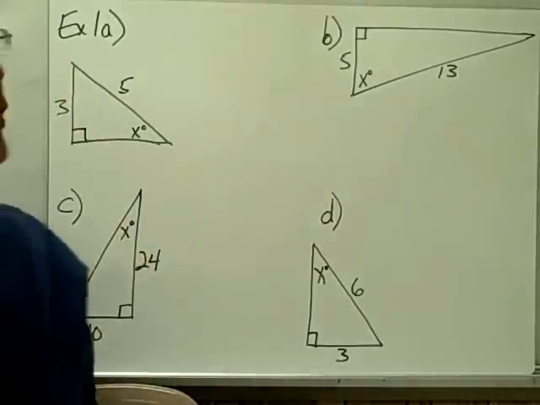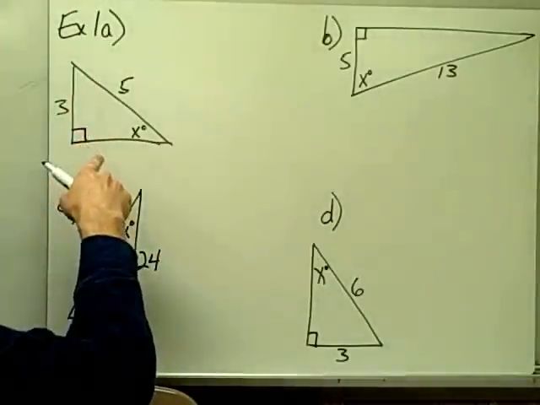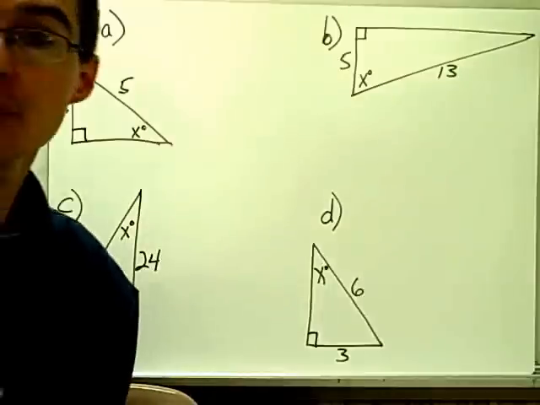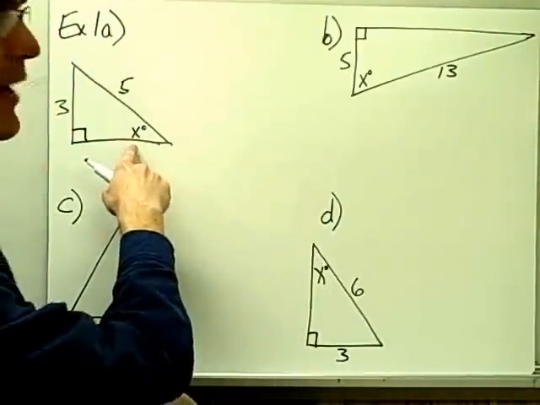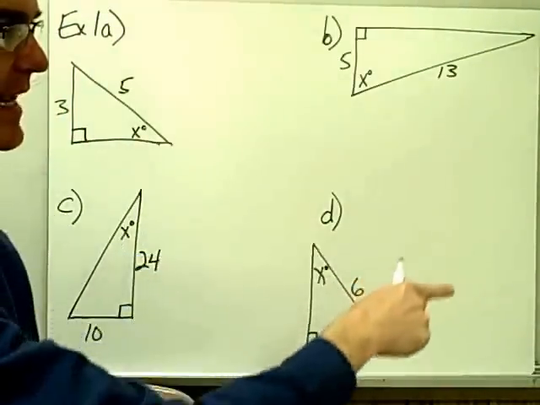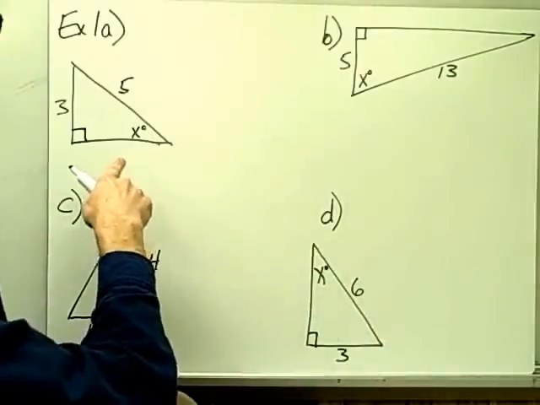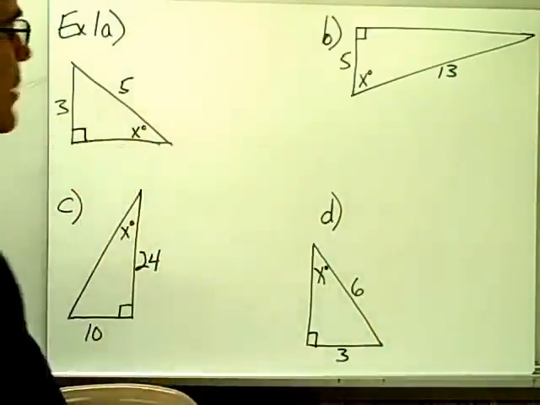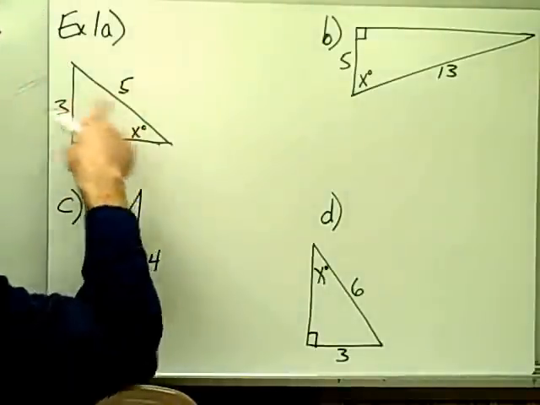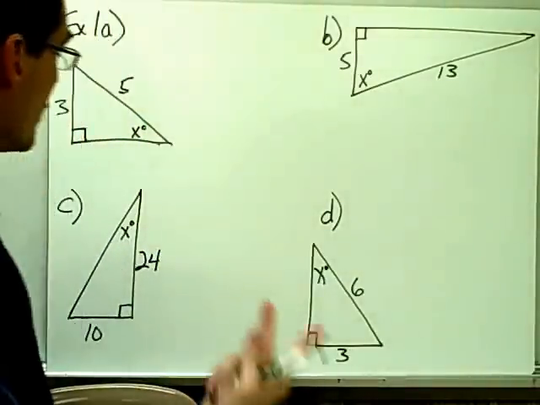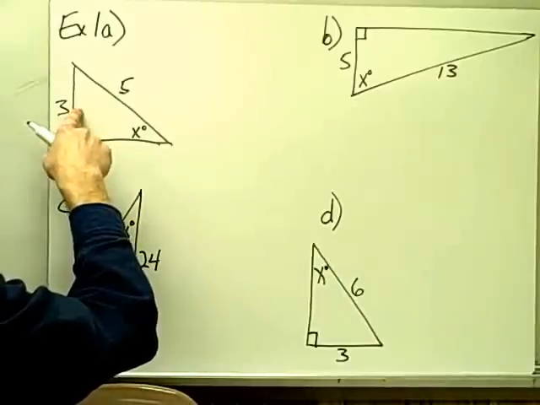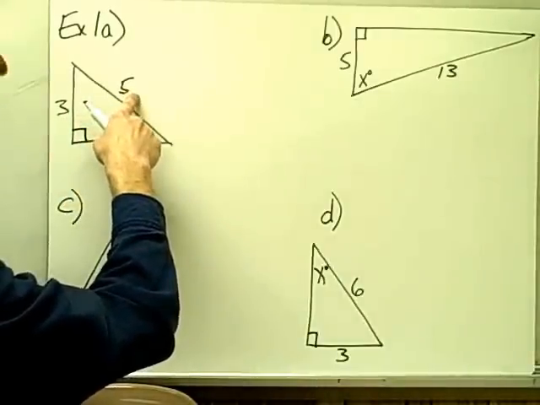Okay, so example 1a. Here is a triangle in which I'm told the lengths of 2 of the sides of the triangle, and I'm looking for an angle. All right, so this fits that second category of a problem. I'm solving a problem and I'm looking for the value of this angle. Okay, so I'm going to set this problem up the same way I did before. That is, I'm going to use one of my trig ratios. Well, which one? I have an angle, I know the value of the opposite side, and I know the value of the hypotenuse.